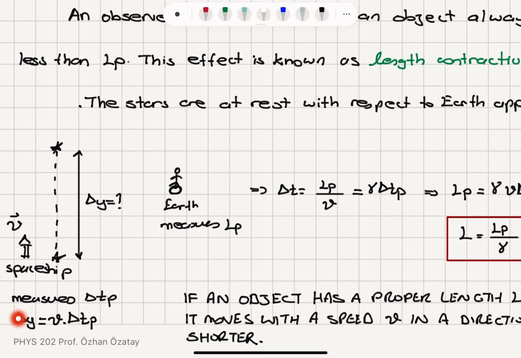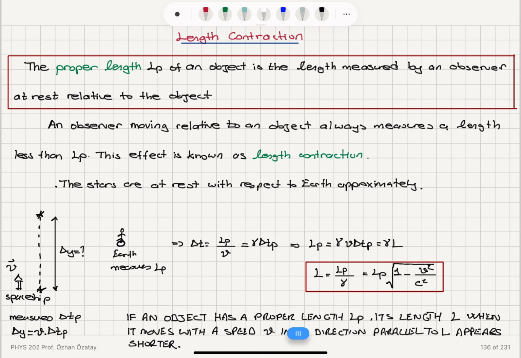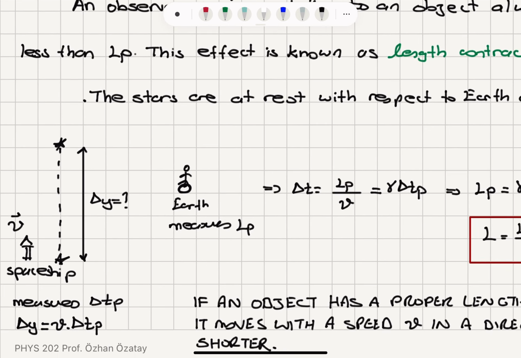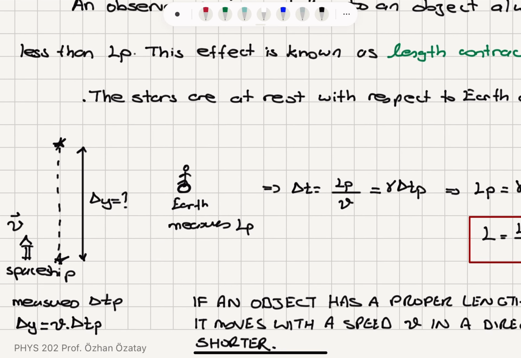Okay, and the distance delta y measured by the spaceship observer will be v, the speed of the spaceship, multiplied by the proper time. How about the time interval measured by the Earth observer? Well, the Earth observer is measuring the proper length, Lp, the distance between two stars at rest.